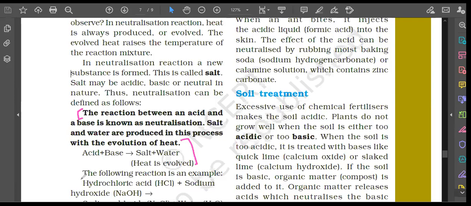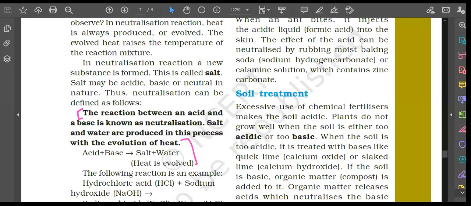You eat Digene or something like that, or drink soda. Why? Because it contains base. It will neutralize your acid. Got it, everyone?